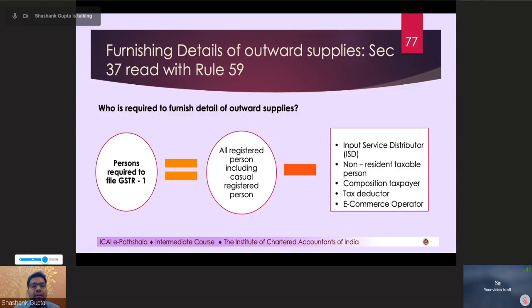So, who is required to file GSTR1? All registered persons, including casual registered person, but minus input service distributor, non-resident taxable person, composition taxpayer, tax deductor, and e-commerce operator.